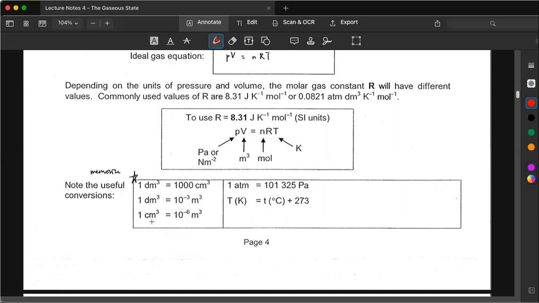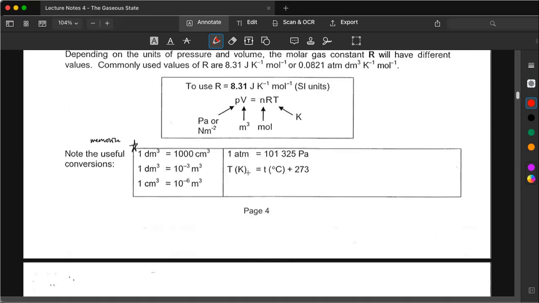And if you want to convert cm³ to m³, you divide by 10 to the power of 6, which is 10 to the power of negative 6, because cm to meter is divided by 100, but since we are talking about volume, it's 100 times 100 times 100. Then 1 atm is the same as 101,325 Pascal, and there is also the conversion for temperature between Kelvin and degree Celsius.